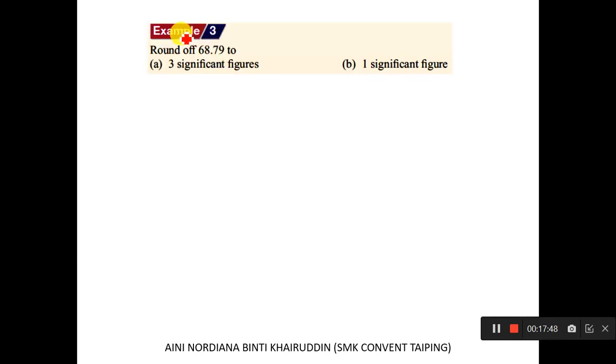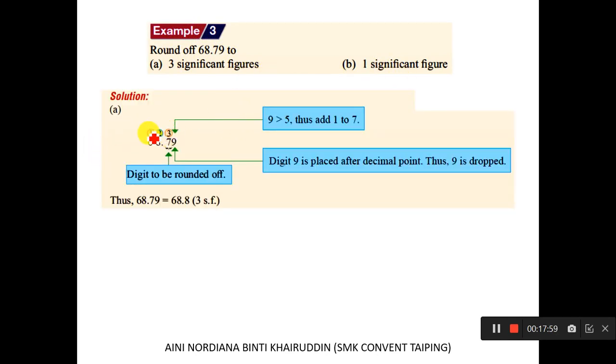Okay, example 3. Round off 68.79 to 3 significant figures and 1 significant figure. Alright. So this is the first, second, and third significant figures. Have a look at this digit. Digit 9 is greater than 5. So you have to add 1 to digit 7. So this is your answer.